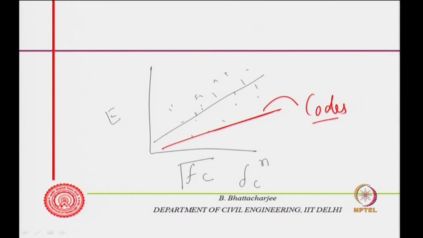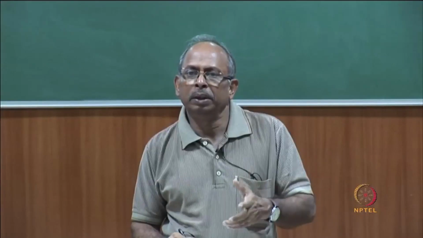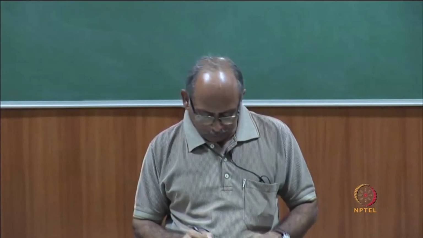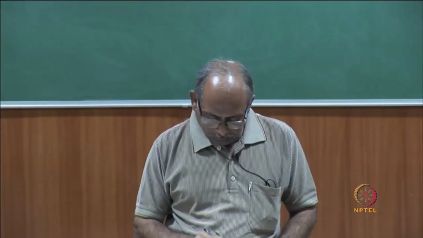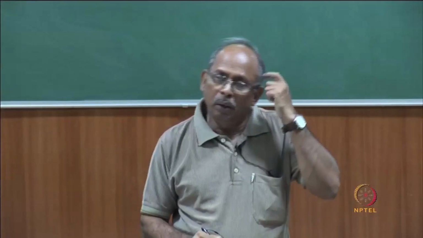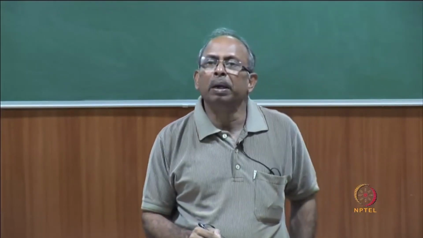So, different codes may use different ones, but IS 456 of course uses E equals 5000 under root f c k. So, the line is somewhere, the slope is 5000 under root f c k, that is what it uses, somewhere down there, because it takes long term behavior and other things into account, and therefore tries to use a conservative value.